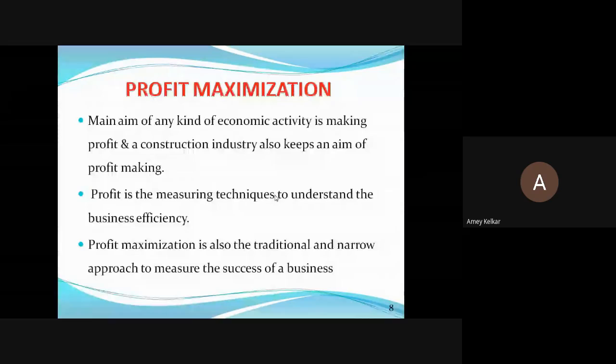Don't imagine profit maximization as the only tool for success. Many times we do these things in civil engineering work because we say we have to, otherwise we'll not get more money. But sometimes it is not only about the money you get, it is about society also. In many ways wages are reduced. Even if the owner has a lot of profit, they cut salaries, reduce wages, and add to their profit.